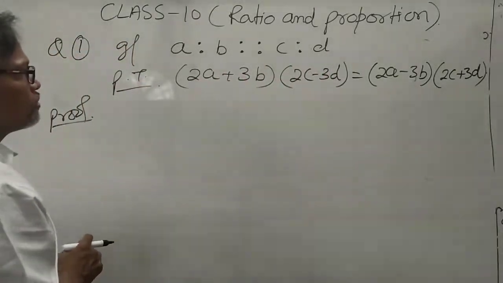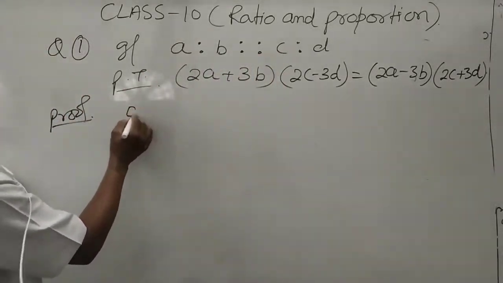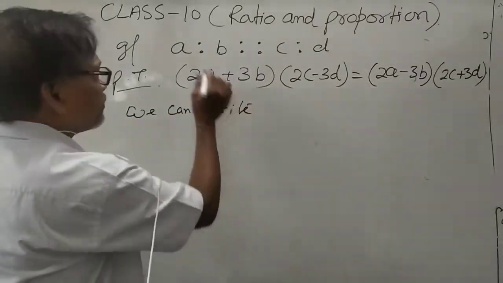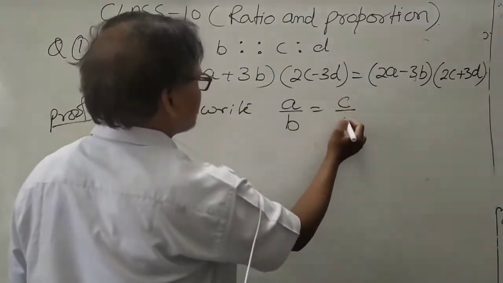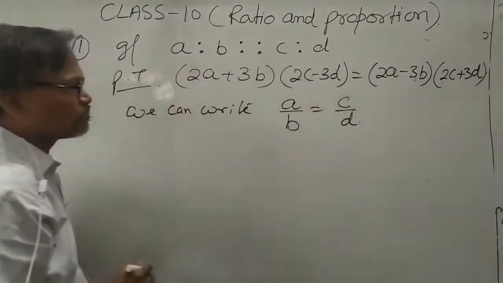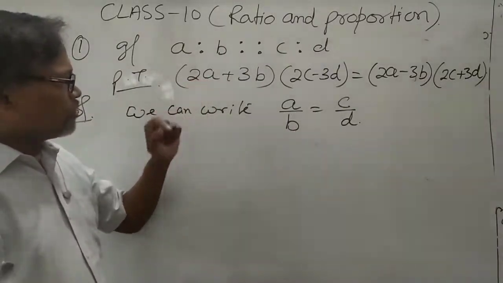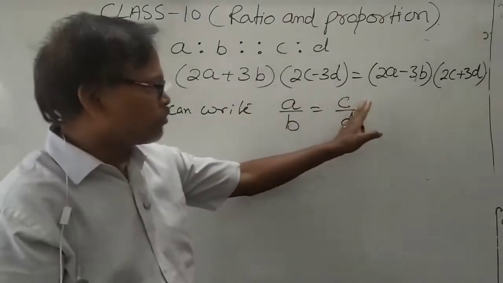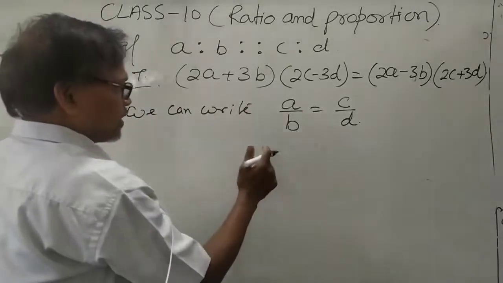If you take a or c, we can write the proportion in this form. Can you write in this form? Yes. With a, the number 2 is given, with b, the number 3 is given. If you multiply both the sides by 2 and 3, means 2 by 3.